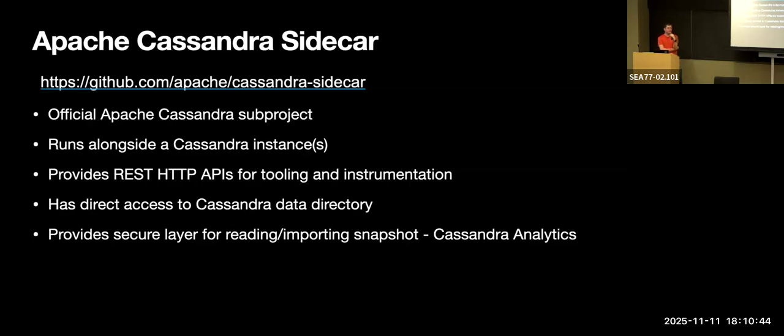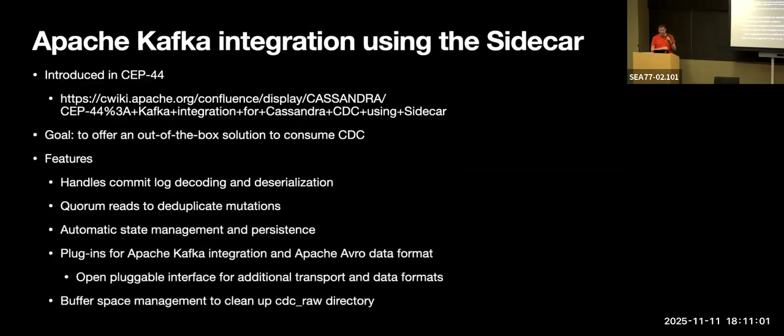It gives you a bunch of APIs to do stuff with the Cassandra node, to extract information from there, to stream files from it. It has direct access to the database and can query stuff. And if you're curious, it's an official Apache Cassandra subproject as well, just go and check it out. So that's where we wanted to add this solution.